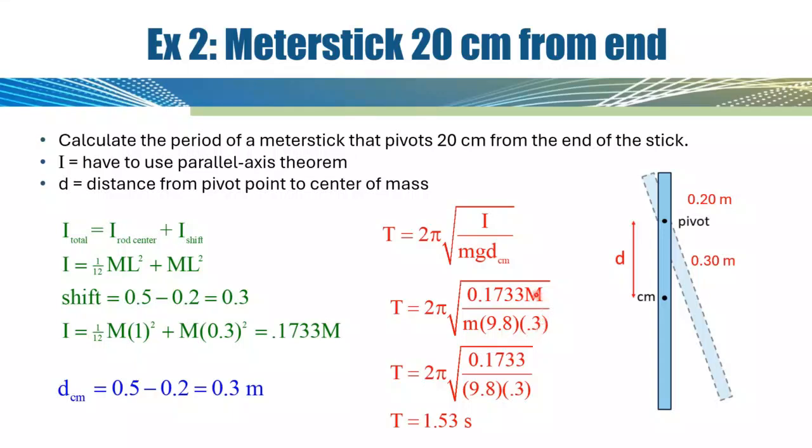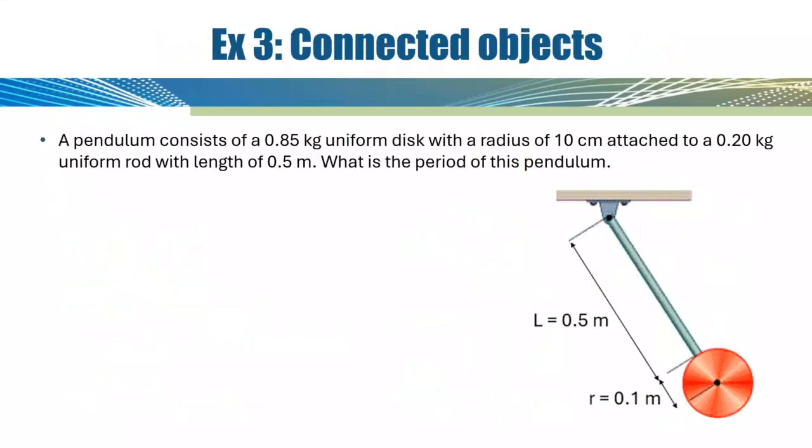Yes, this is a capital M and this is a lowercase m, but I know that each of those m's respectively stand for the mass of the meter stick, so those m's are going to cancel. And then doing my remaining algebra, the period of this meter stick pivoting about the 80 centimeter mark is 1.53 seconds. Let's look at one more example before we move on.